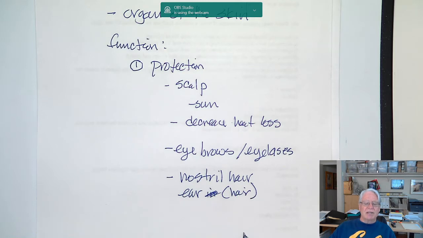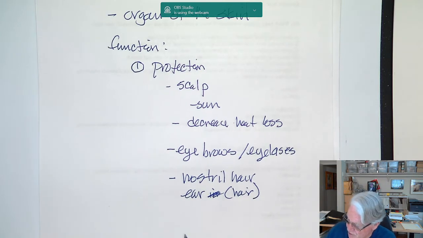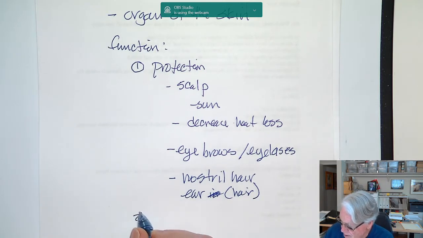Which seems kind of silly if you're living here, particularly in California. On the East Coast might be a slightly different idea, but we were not always living as we are today, protected in homes. So when we were out there closer to nature, that actually had some advantage, keeping insects out of our ear.